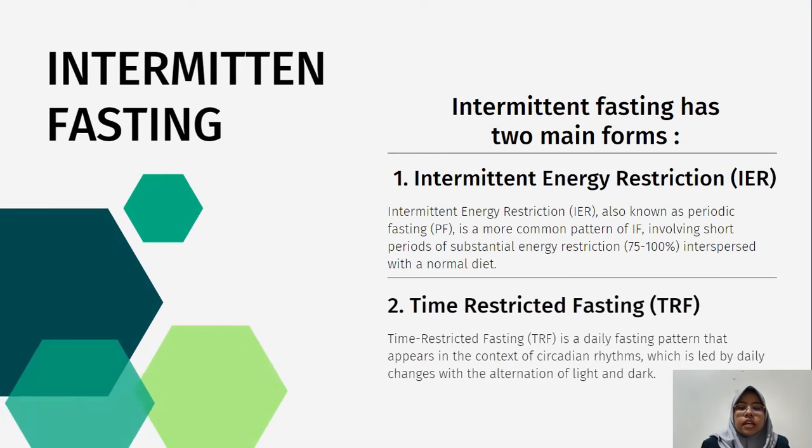Okay, next, as an emerging unique weight loss method, the commonly known intermittent fasting has two main forms. The first is intermittent energy restriction, or IER, and second is time restricted fasting, or TRF.